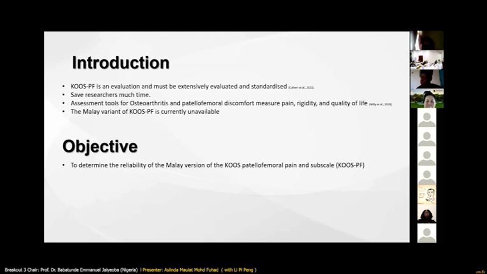The objective is to determine the reliability of the Malay version of the AQoL patellofemoral pain and osteoarthritis subscale. The AQoL PF has 11 elements used to assess patellofemoral pain and osteoarthritis.